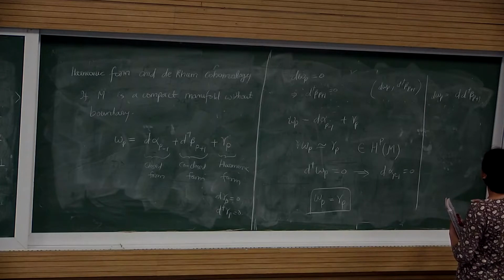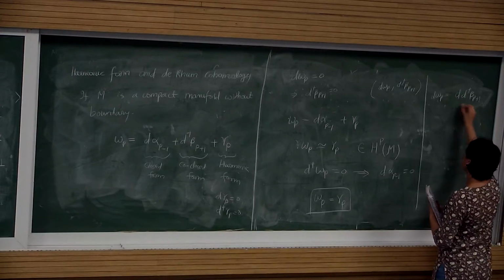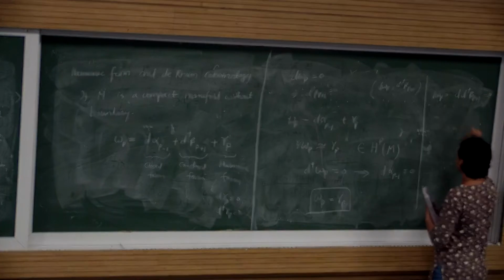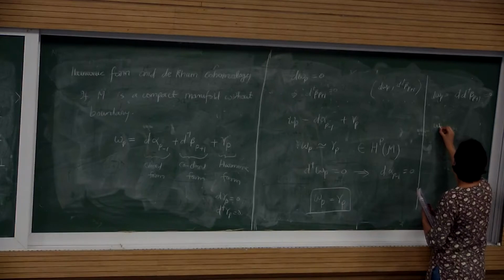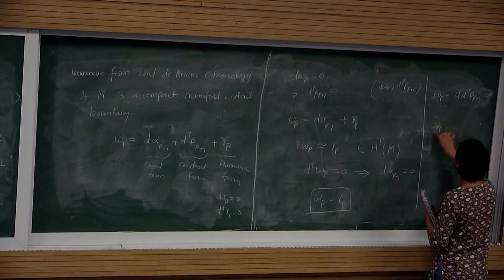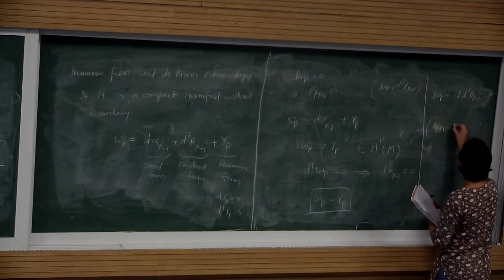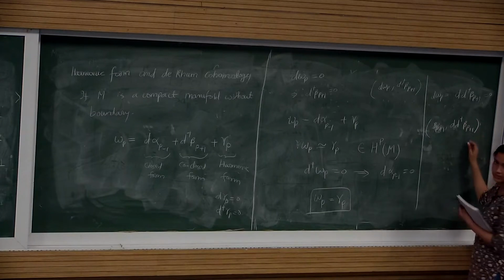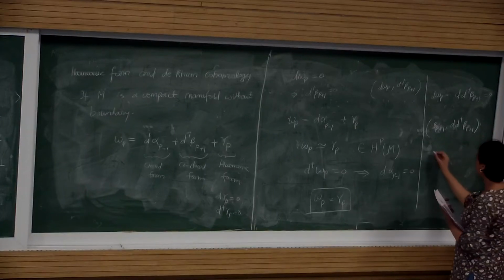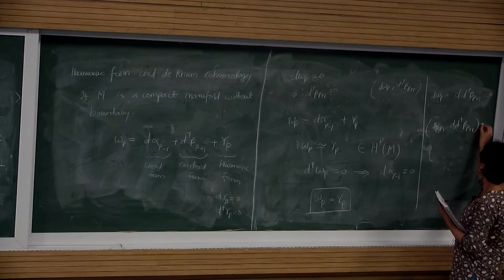And this is 0 for this to satisfy. Now I can take beta p plus 1 and the d dagger of beta p plus 1, the inner product of this thing. So this will be equal to 0.